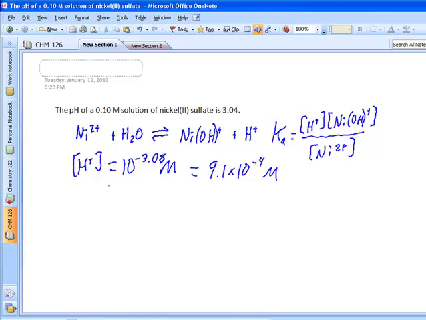Now, since this is a hydrolysis equilibrium and both products come from the same source, we can say that the concentration of the nickel hydroxyl complex is the same as that of the hydrogen ion, since both of them come from the same place.